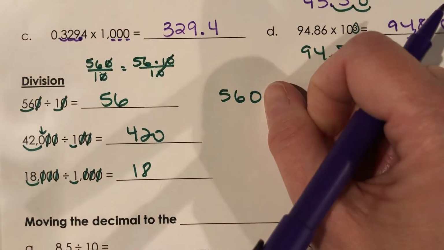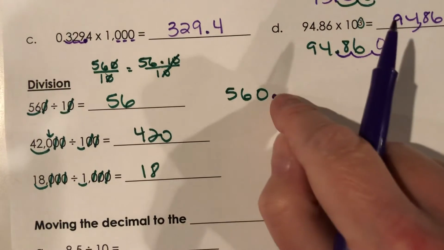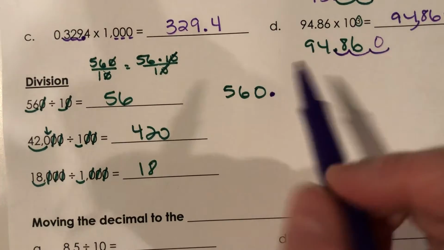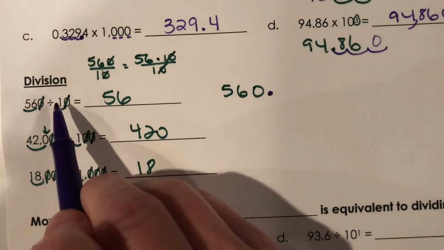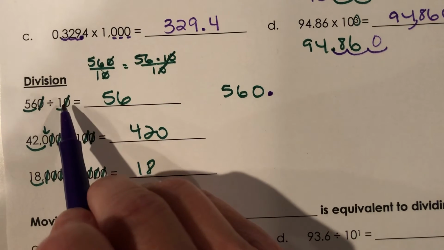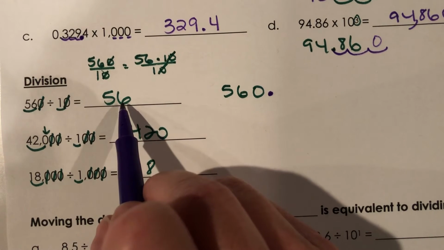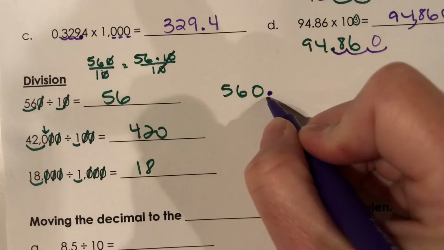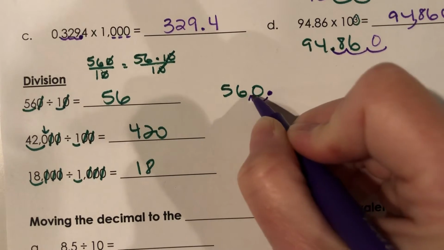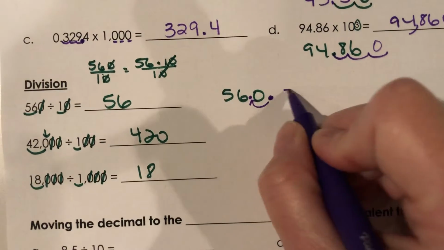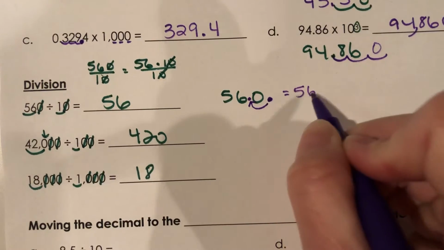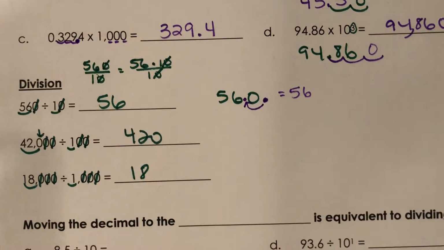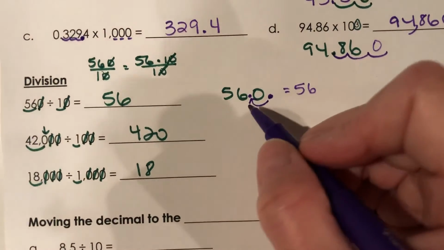If you have a whole number and you have nothing in the tenths place, you don't really need that decimal point. But it's there, right? So when we divided by 10, we ended up with 56, right? In order to get 56, wouldn't I have to move this decimal point one place to the left? Yeah. So if I move the decimal point one place to the left, I would end up getting 56.